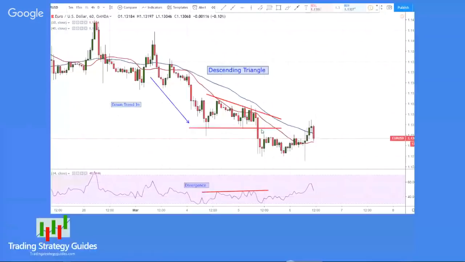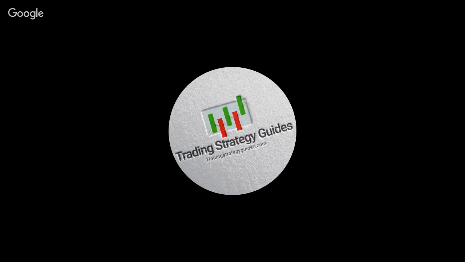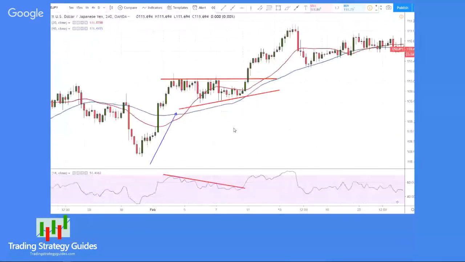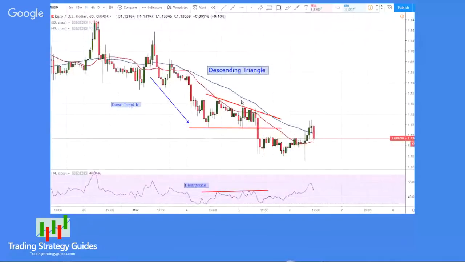It's never going to be perfect. Don't worry about hitting the points or the bodies of every single candle. What you're looking for is this appearance right here: a nice flat bottom, nice lower highs, and then at some point you see a breakout.